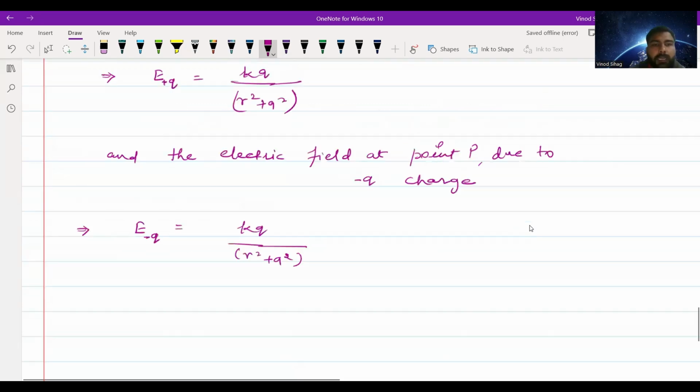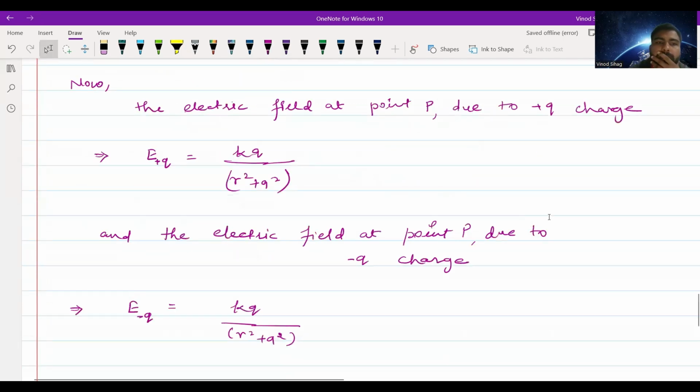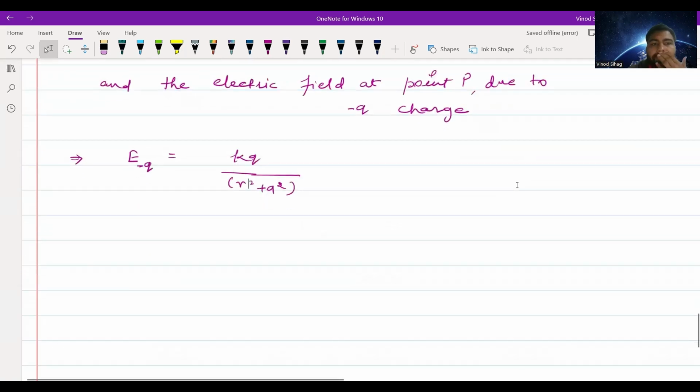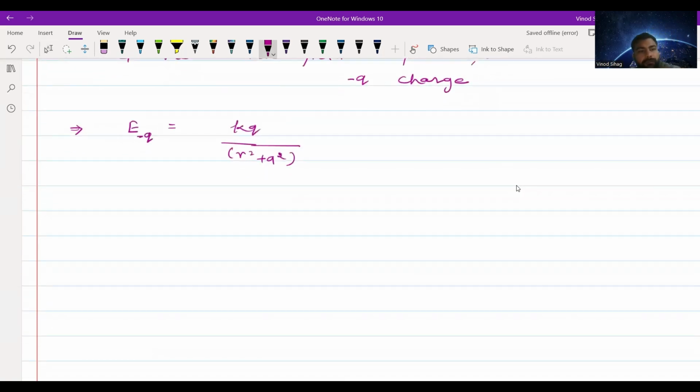Now you can see clearly that E plus Q is also kq upon r square plus a square, and E minus Q is also kq upon r square plus a square, दोनों चीज सेम है मैग्नीट्यूड वाइज, नॉट इन द डायरेक्शन वाइज, बट मैग्नीट्यूड वाइज दोनों सेम चीज है। सो वी कैन से दैट in magnitudes, E plus Q is equal to E minus Q.